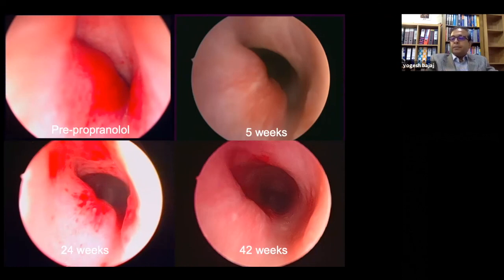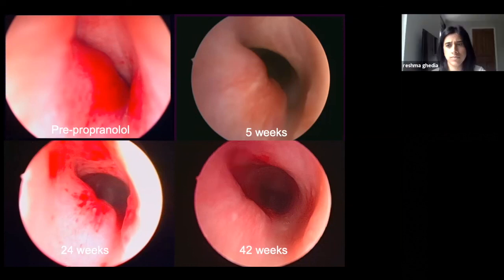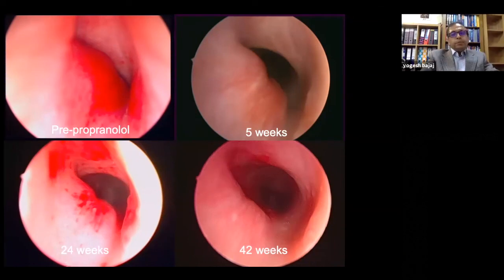Or in this case, for propranolol, you will gradually stop the propranolol. But that doesn't mean after that you just discharge them. You still have to observe them. So the minimum treatment is between 12 to 18 months if you look at the papers and practice. And you will still scope them, of course, after you stop propranolol, just to make sure that it's not coming back. Yeah, absolutely. Okay, fantastic.